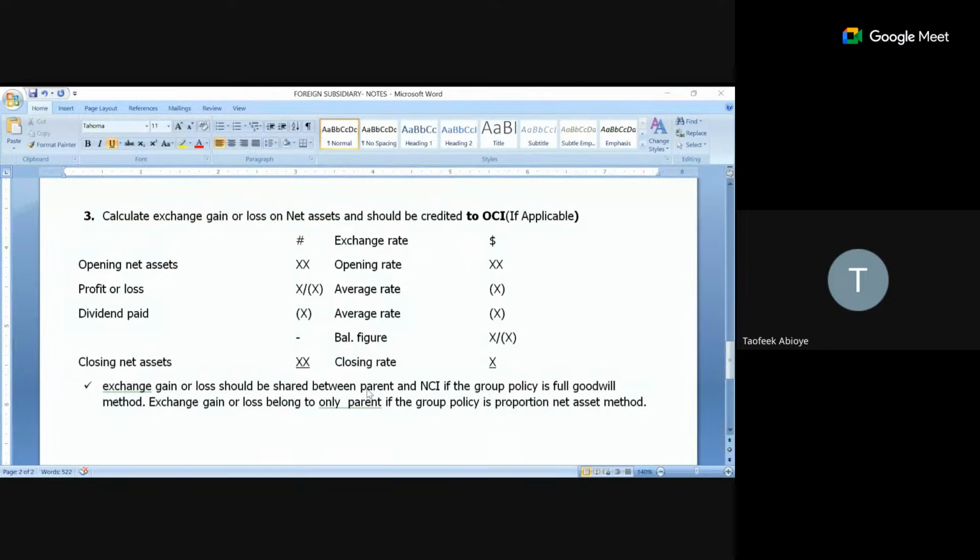When you are dealing with profit or loss items, you calculate exchange gain or loss on net assets, which will be credited to OCI. But all this is just something we need to know. Please, let's move ahead to our past question.